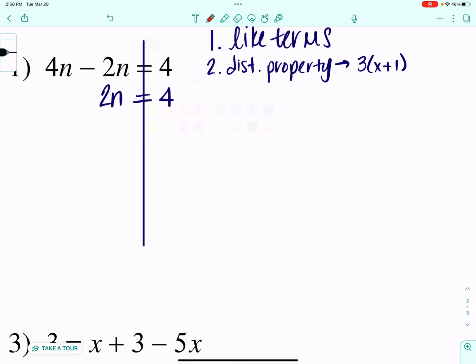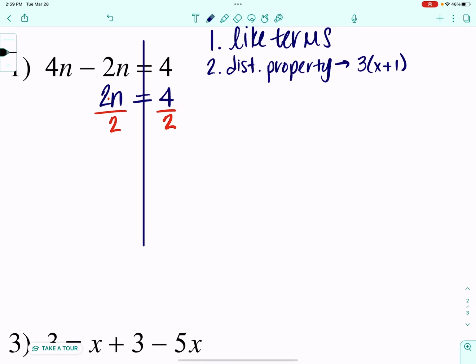We're still using the idea of opposite or inverse operations. My 2 is multiplied by the n. The opposite operation, or the inverse operation for multiply, is divide. So I need to divide by the same number on both sides of the equation.